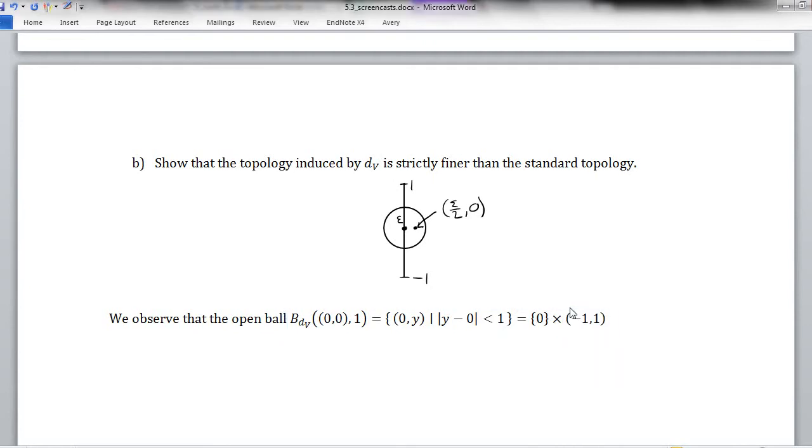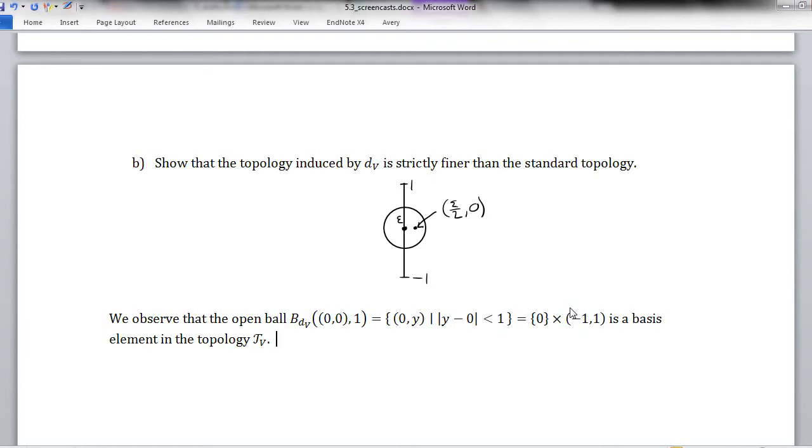Okay. This open ball is a basis element in the topology T sub v.